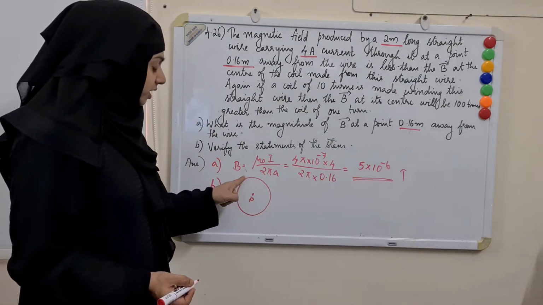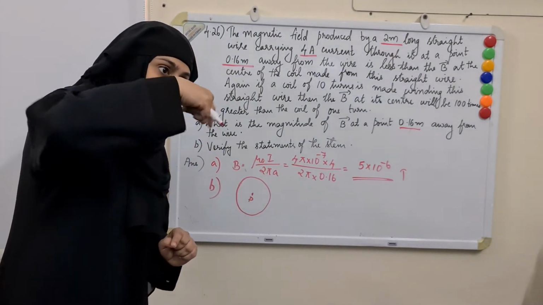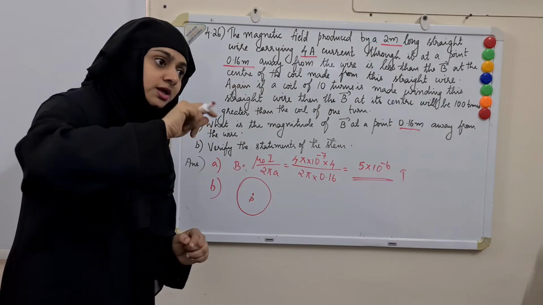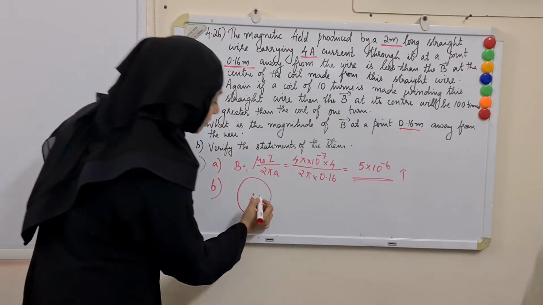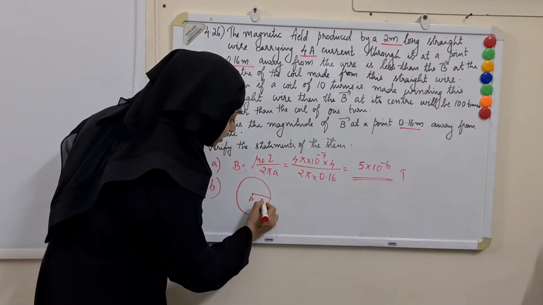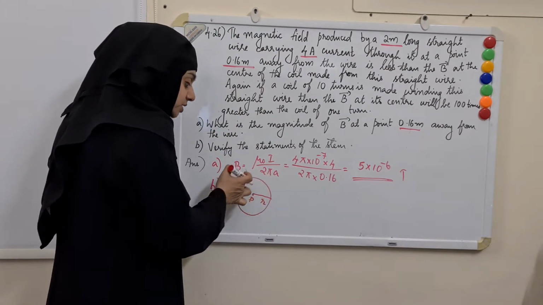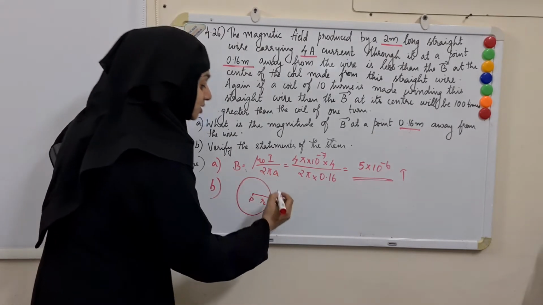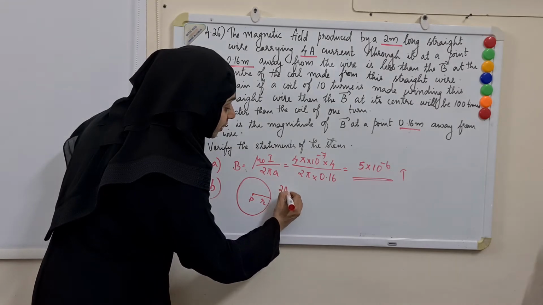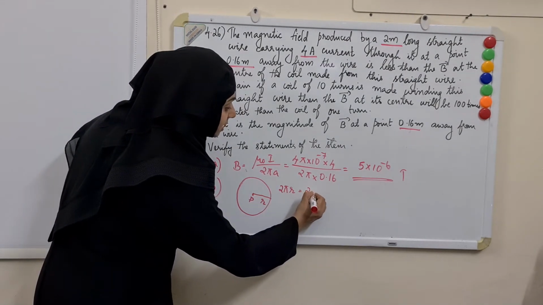So, a straight wire wound into a coil. What is the length of this wire? It will be the circumference of the circle. Suppose R is the radius of this coil after winding. The circumference of this coil will be the length of the wire. So, I can write 2 pi R is equal to 2 meters.